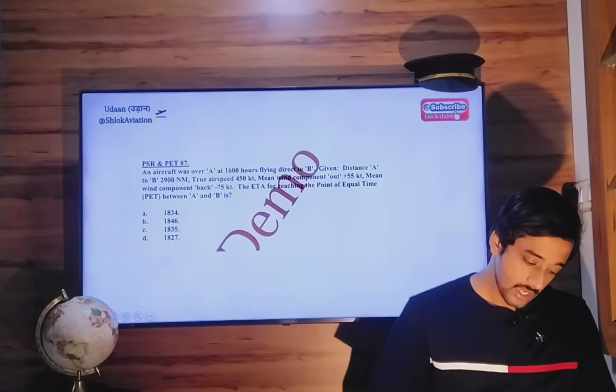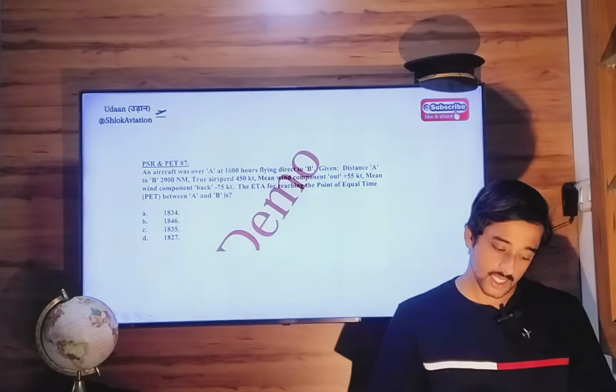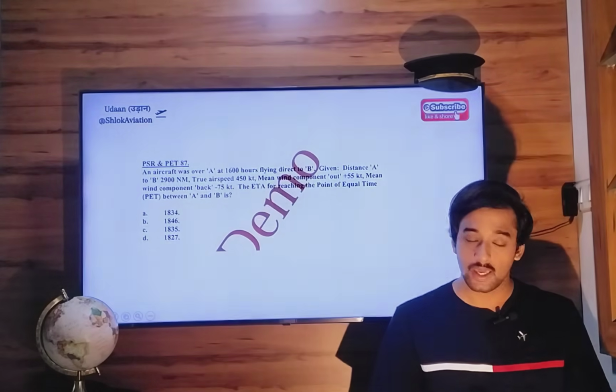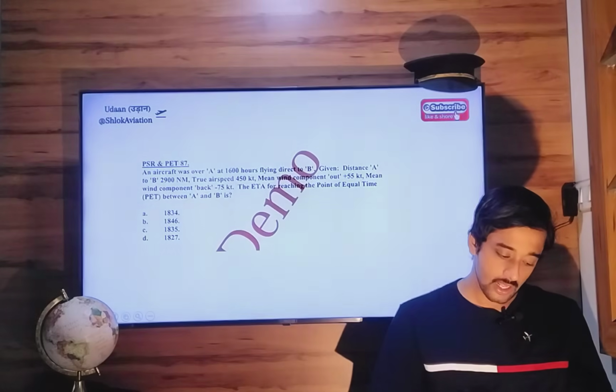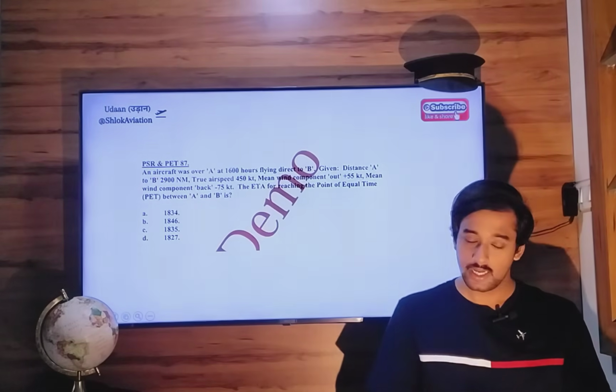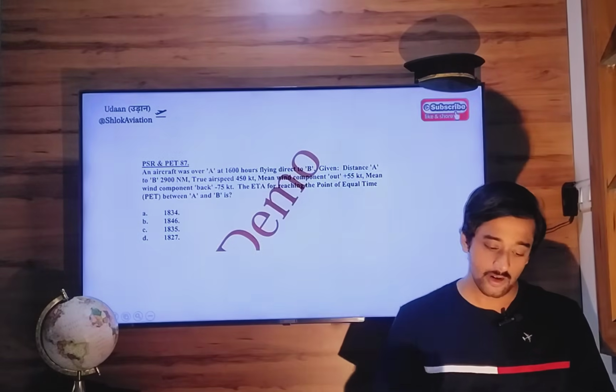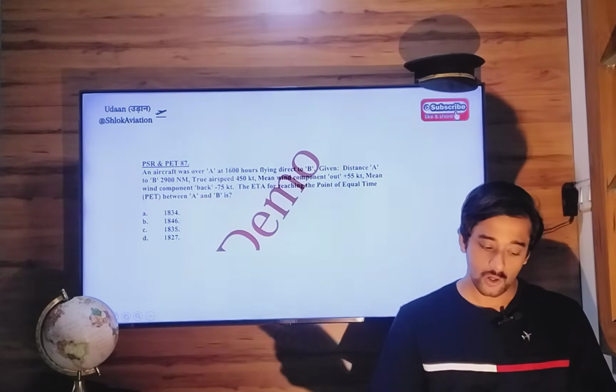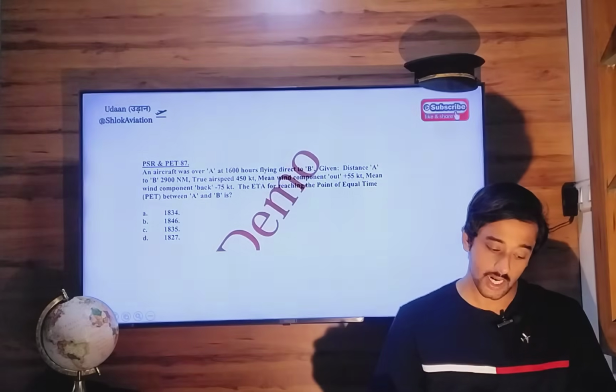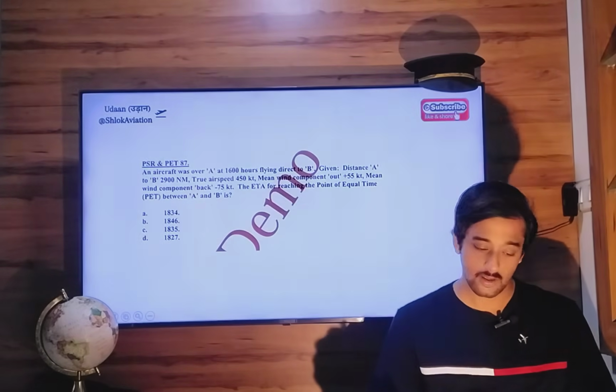87. Aircraft was over A at 1600 flying directly to B. Distance between Alpha and Bravo 2900. TAS 450. Wind component on the outbound leg a tailwind of 55. Wind component on the inbound leg a headwind of minus 75.